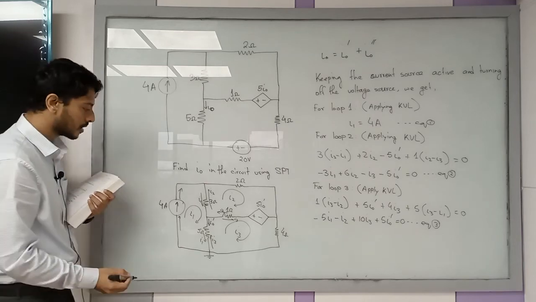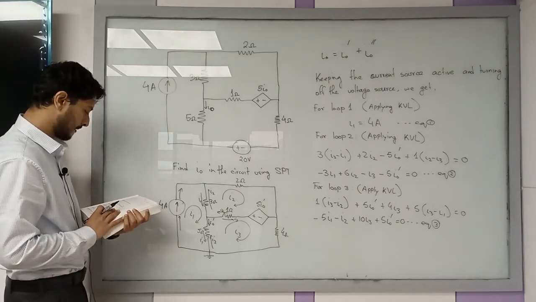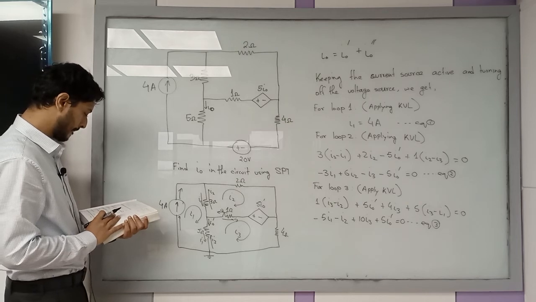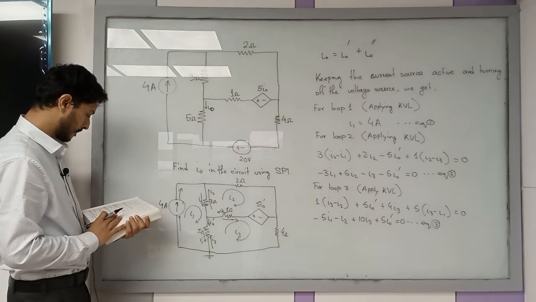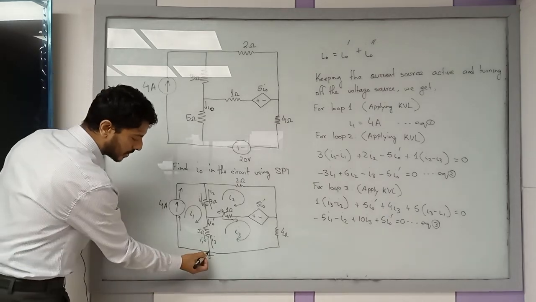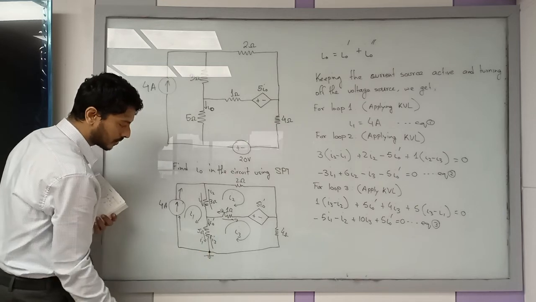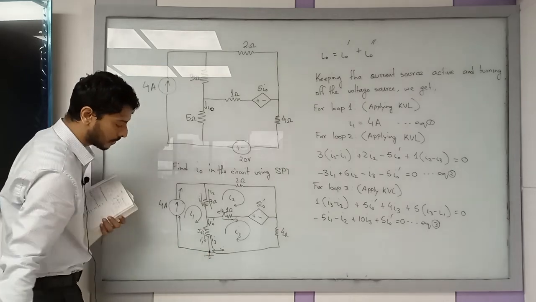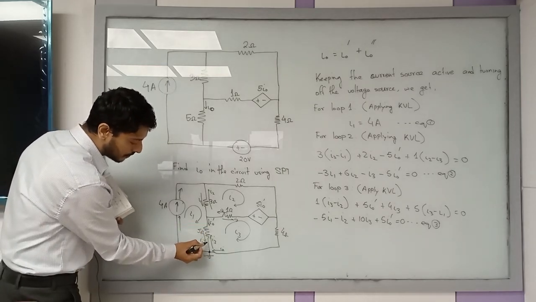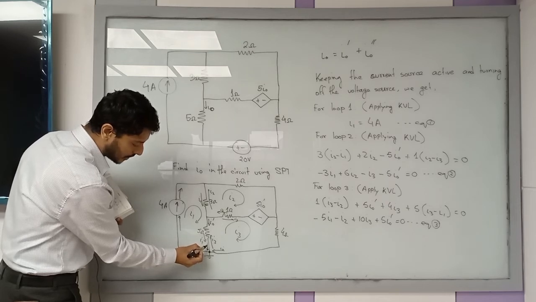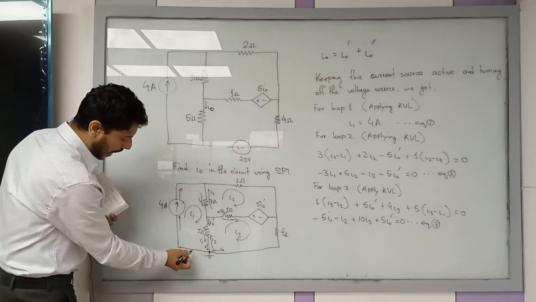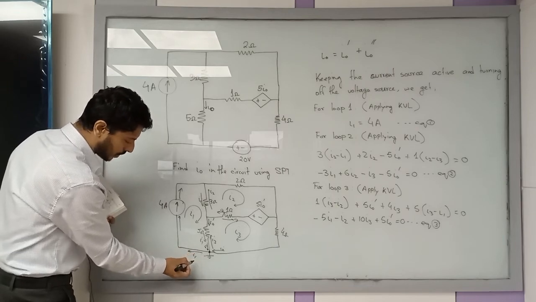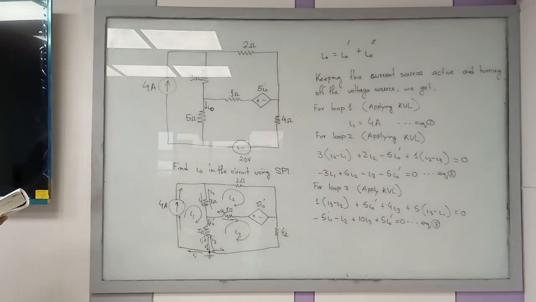But if you observe this nodal point 0, I3 is entering, and I naught prime is also entering this node, and I1 is leaving this node. So you can form an equation at node 0 as well.